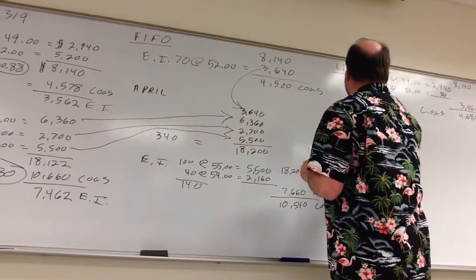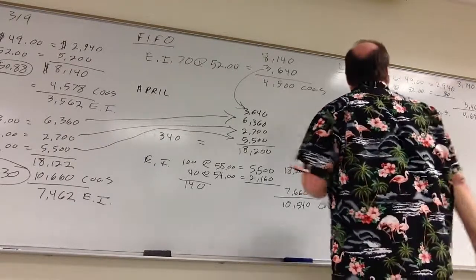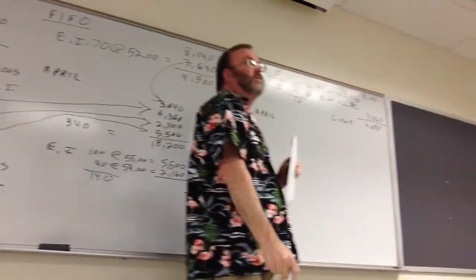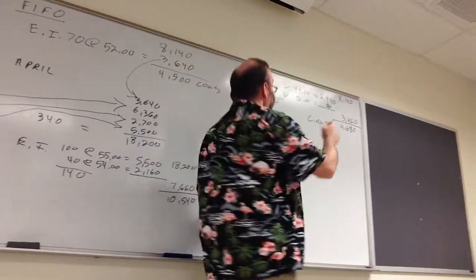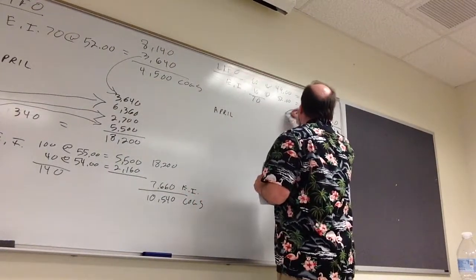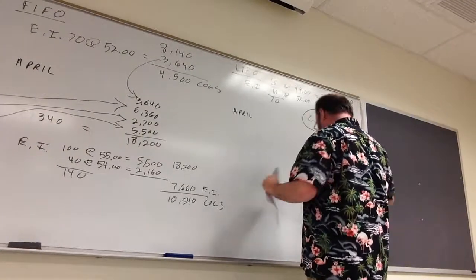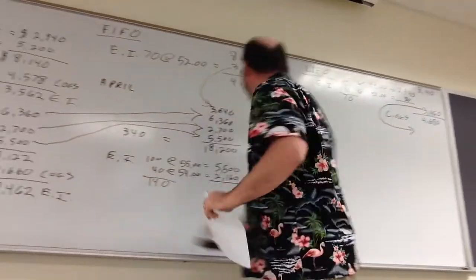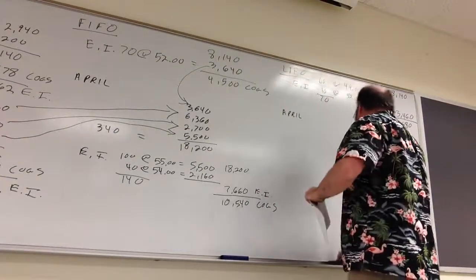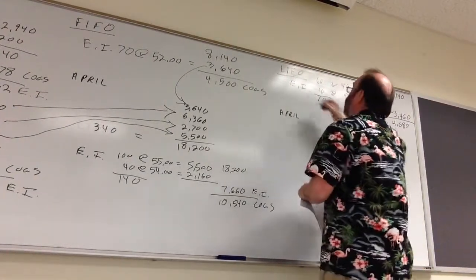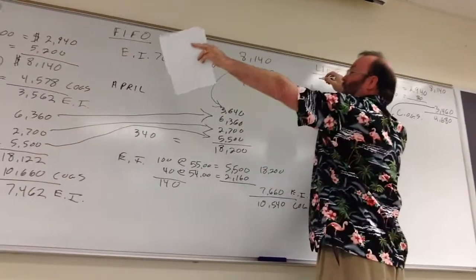April. All right? So we got to do the same exercise. Beginning inventory. You should always start by writing the month, right? You should write March in the first part too, right? Yeah, this is March.